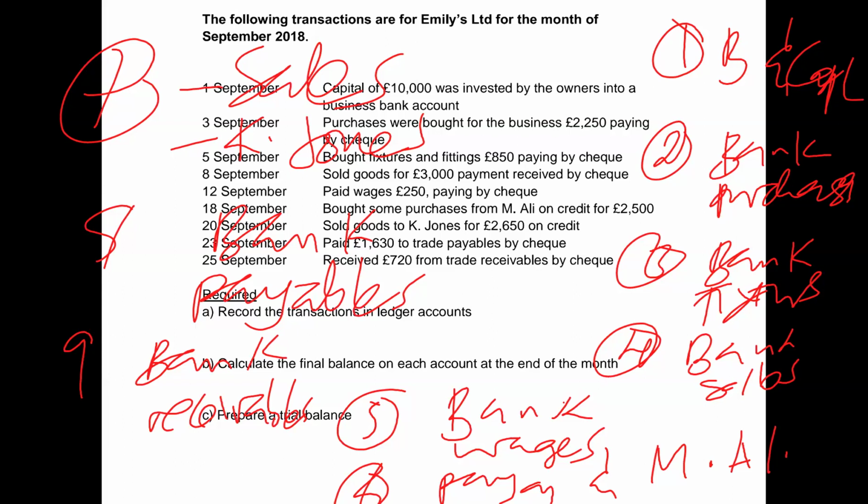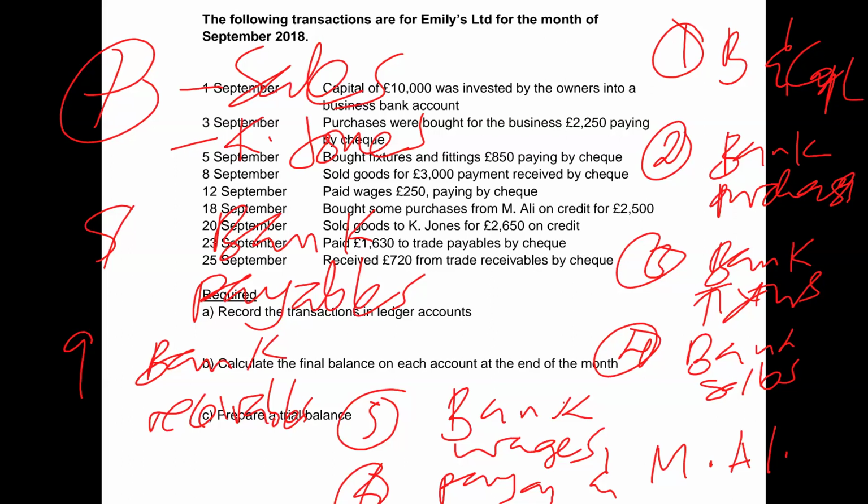You bought fixtures by check again. Now bank account is credited here. You sold goods for 3,000, payment received by check. Here we are debiting the bank account. We are receiving sales, isn't it? On 8th of September. Is that what you did? Yeah. Okay. Then we paid wages by check. You are crediting the bank account by wages, right?